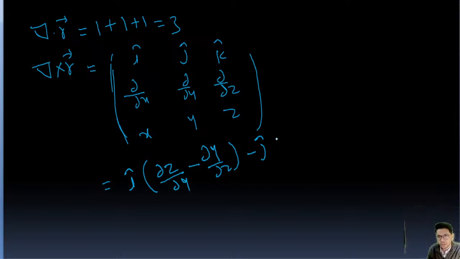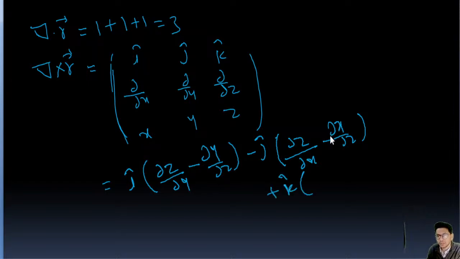It is going to be del z over del x minus del x over del z, plus j cap plus k cap.